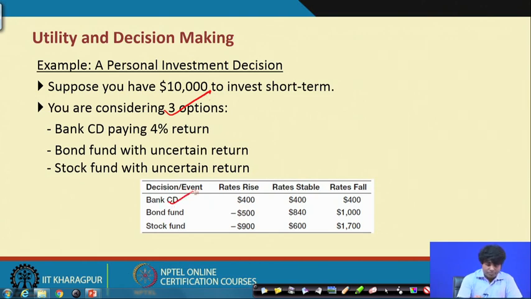Bank CD, bond fund and stock fund, and as a result we have three different scenarios: rates increase, rates stable and rates fall. Under each case we have a different return, and some are average returns, so we have here 400, minus 500 and 900.